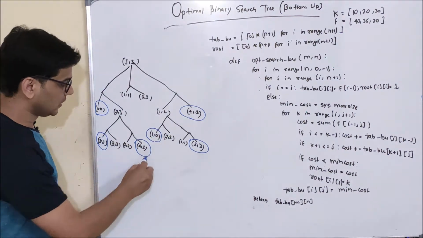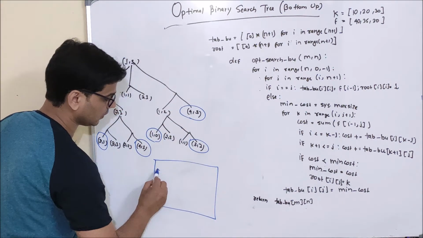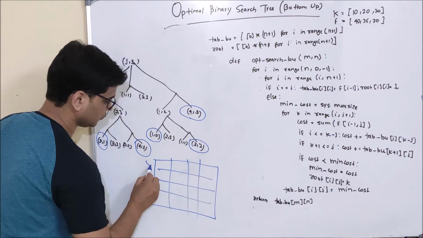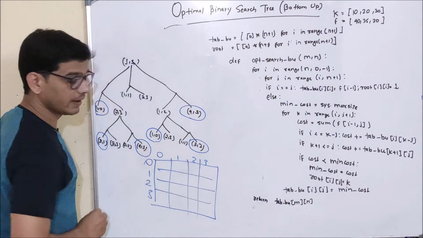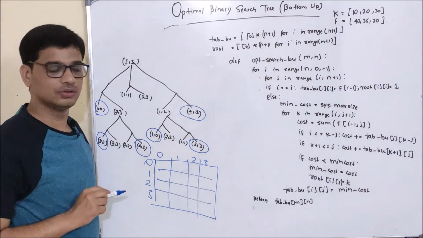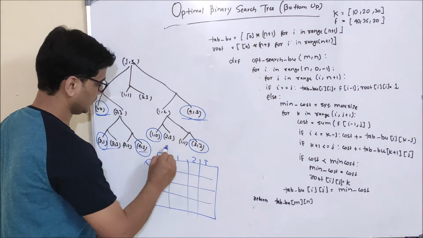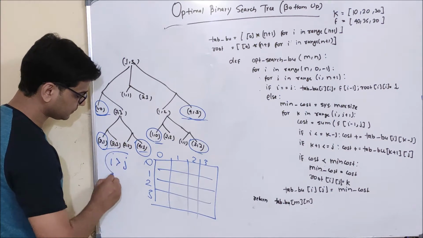So first of all, just imagine this recursion tree as a table. 0, 1, 2, 3, 0, 1, 2, 3. And first of all, what you need to do? Ignore these cases, that is, wherever i is greater than j.